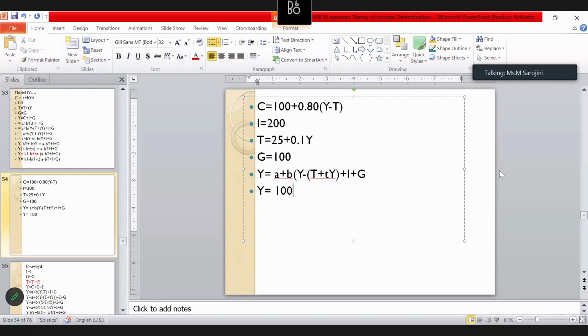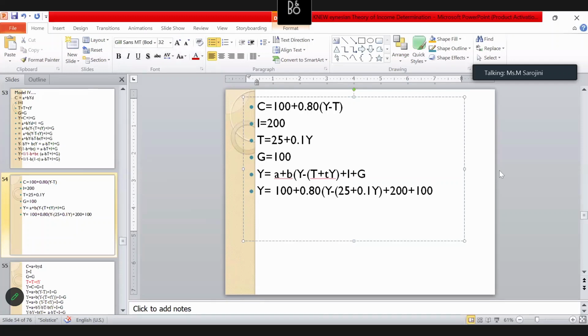Here, 100 plus 0.80 into Y minus tax as a function, that is equal to 25 plus 0.1Y, plus I is equal to 200, plus G is equal to 100.